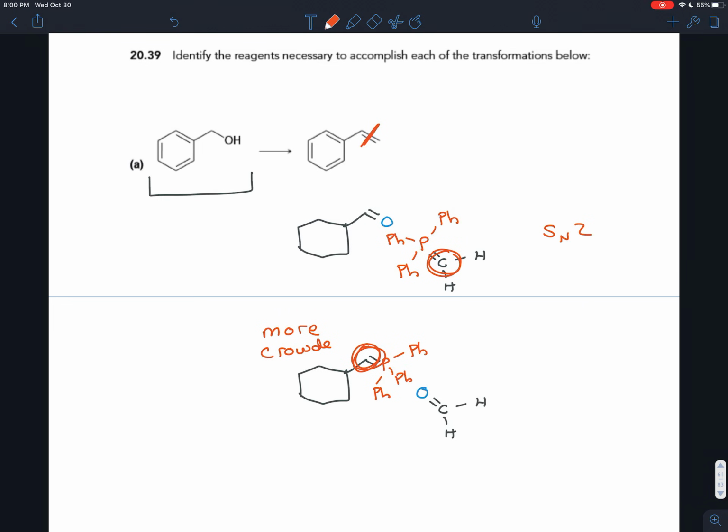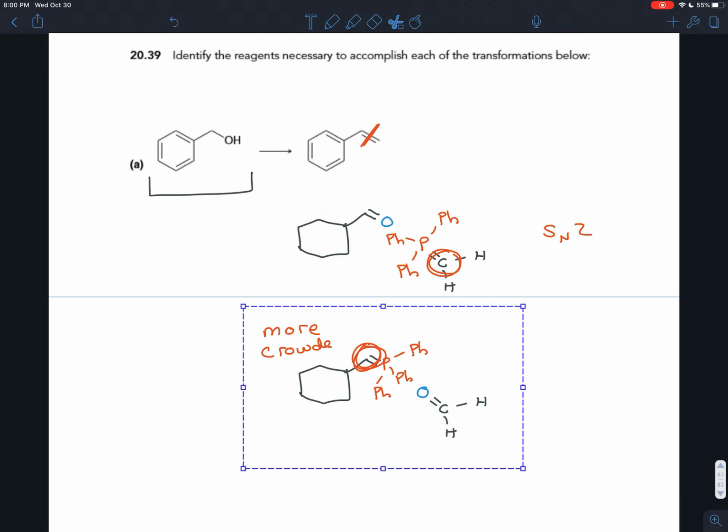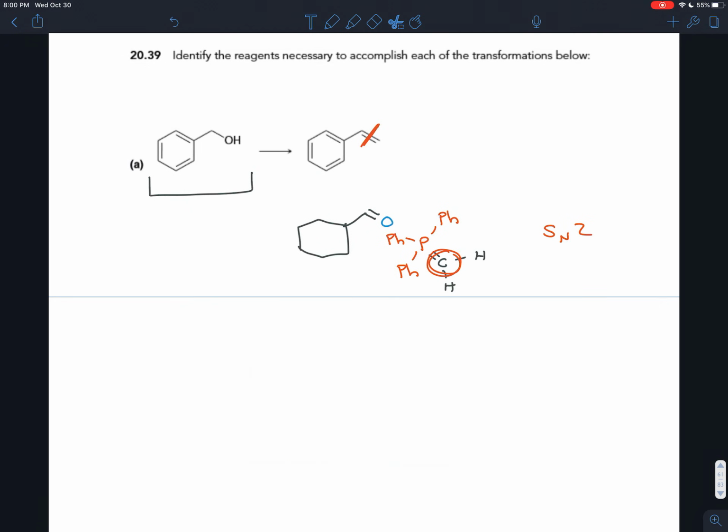And so it's easier for that phosphorus to come in and attack that as a nucleophile. So the Wittig reaction we're going to use is this one on the top, because we can have that triphenylphosphine attack the carbon more easily, since that carbon is less crowded than the one down here. Okay, well those are our Wittig reagents.